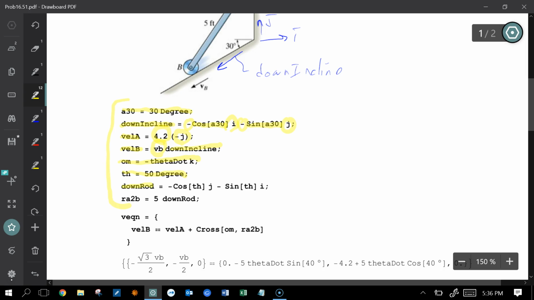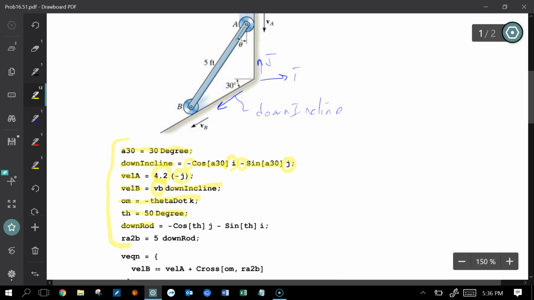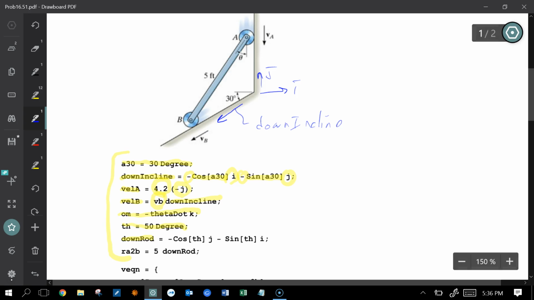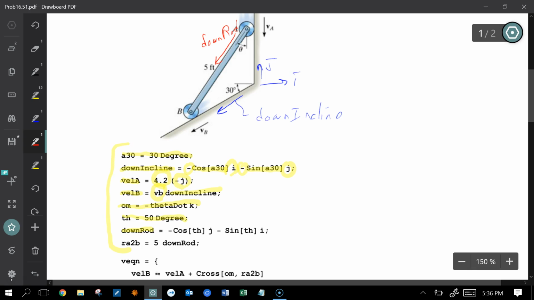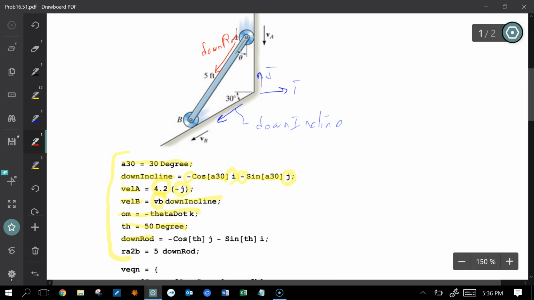Down rod, this is what I'm going to use to get the R vector. So this is going to be a vector that points down the rod. So it's going to be like this. This is down rod. That direction is down rod. And that would be sine of theta this way, cosine theta that way, right?